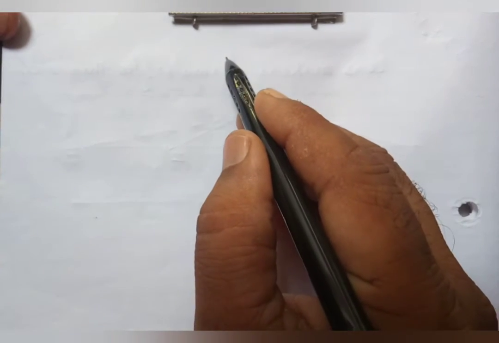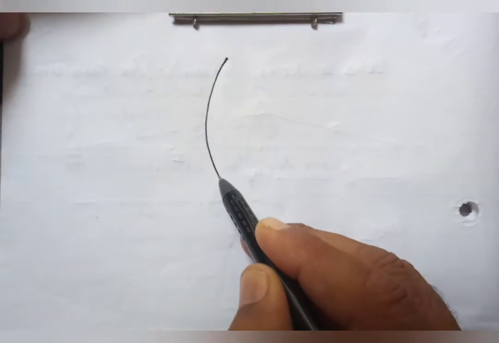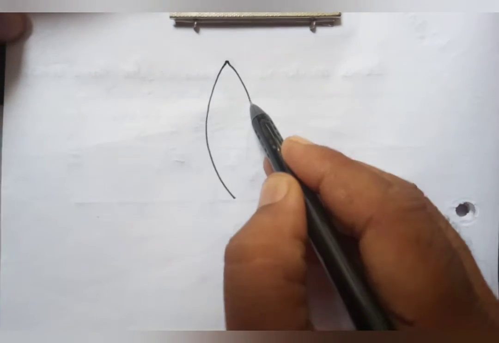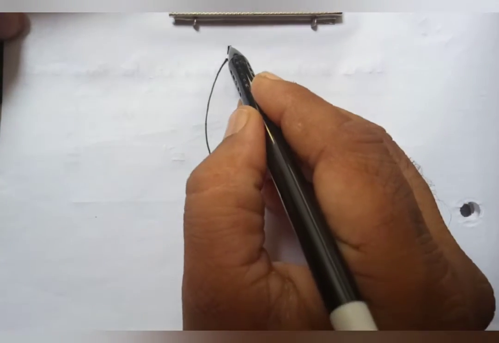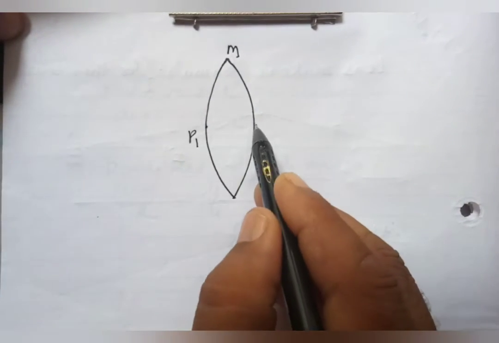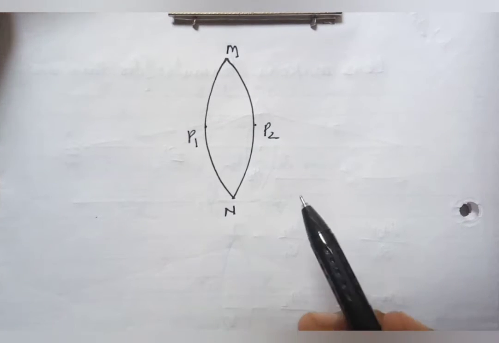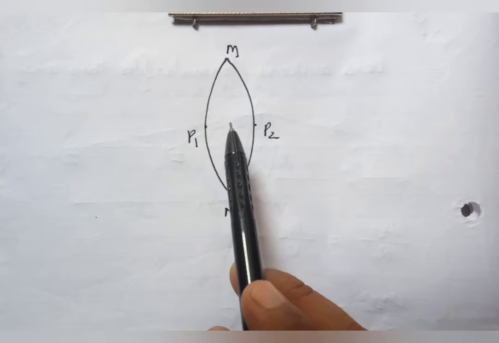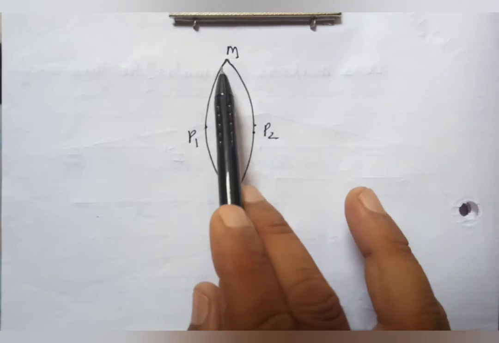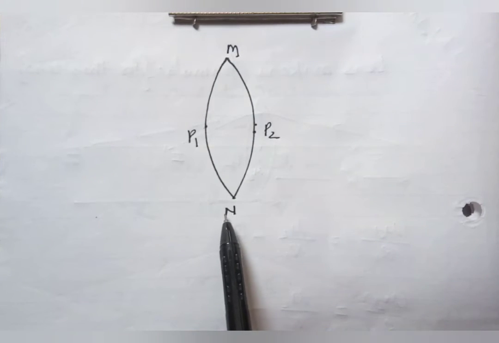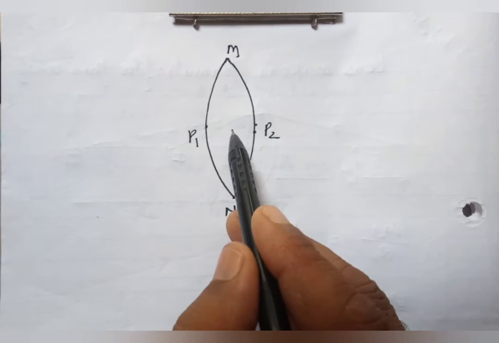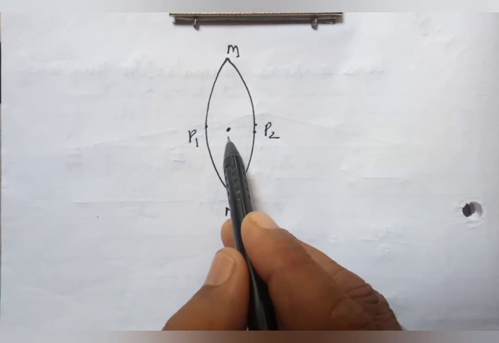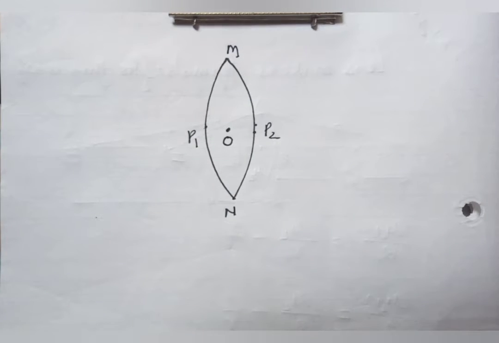Make a ray diagram like me in your copy, with points M, P1, P2 and N. It is a lens which consists of two curved surfaces MP1N and MP2N, and the midpoint between P1 and P2, O, is called the optical center of the lens.